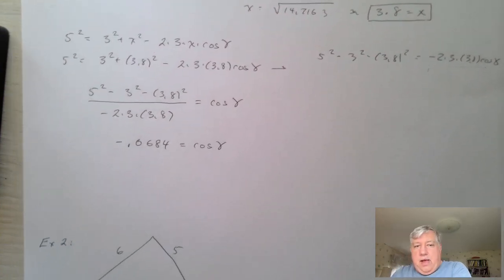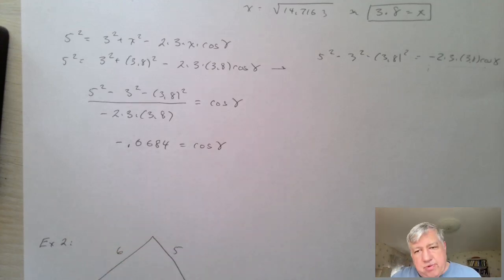Now you can just take the inverse cosine. When we do this, we only have to worry about one possible value, because with the inverse cosine there's only one angle between 0 degrees and 180 degrees, and our angles are in that range.